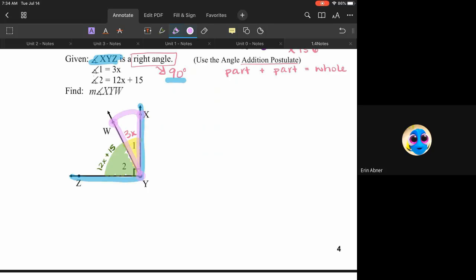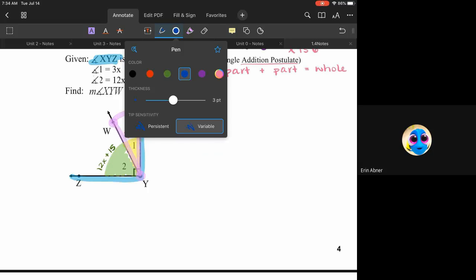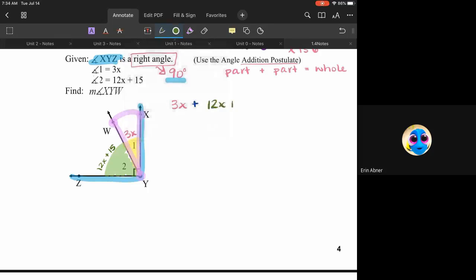So now we know what they're asking us for. It's going to be two parts to solving this. First, we have to find out what X is. Then we have to plug in X to get the answer they're looking for. So let's rock. First thing we're going to do is set the parts equal to the whole. So I'm going to take my part, 3x, and I'm going to add it to 12x plus 15.